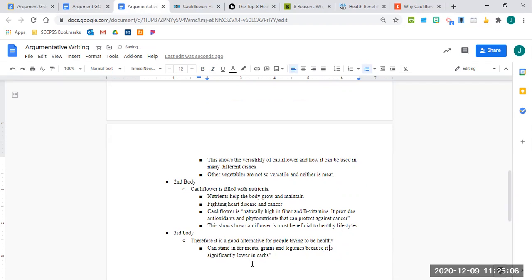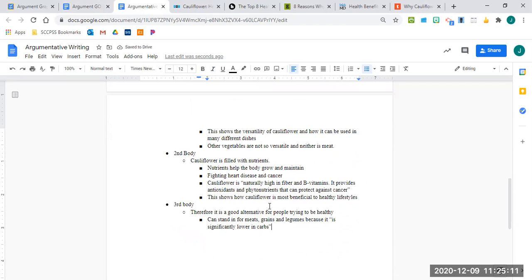So it can be the main focus of a dish or form protein. A low carb option. Bam.